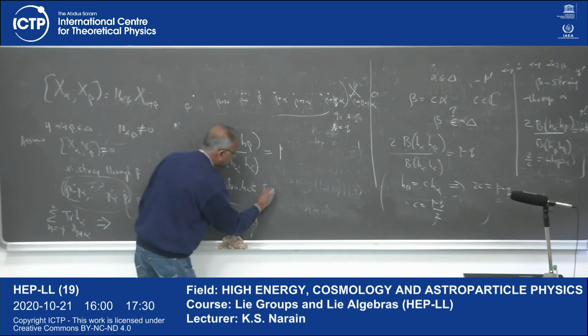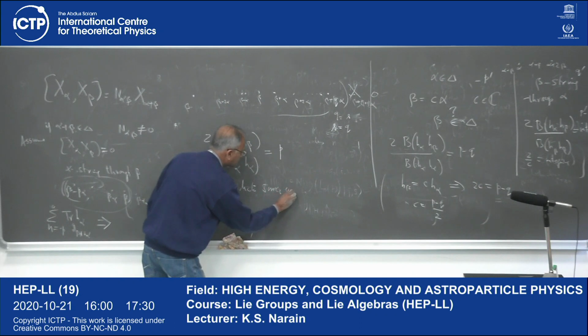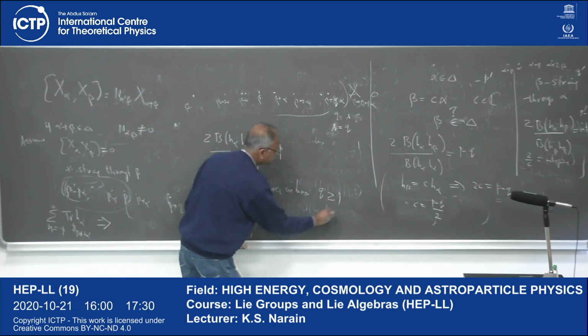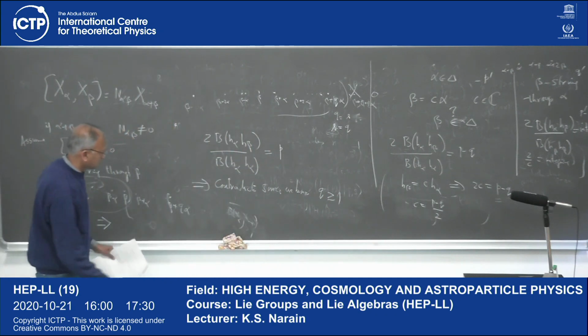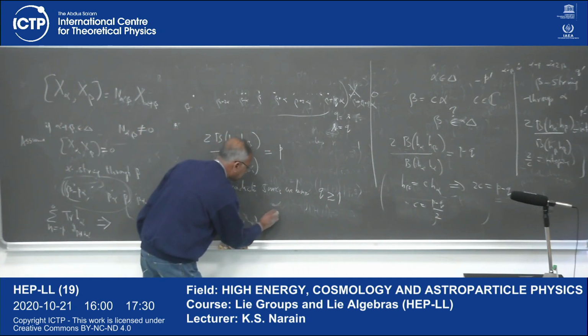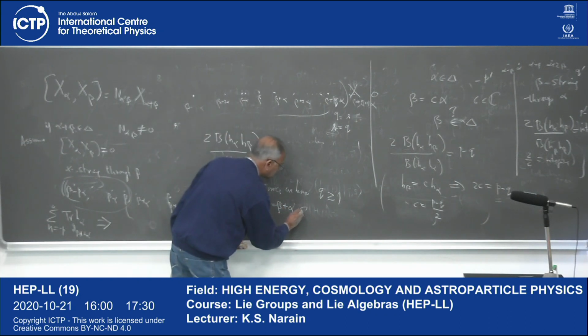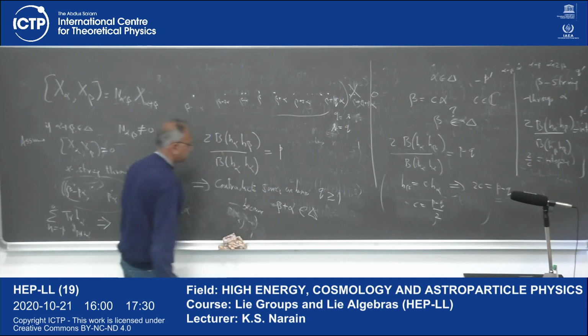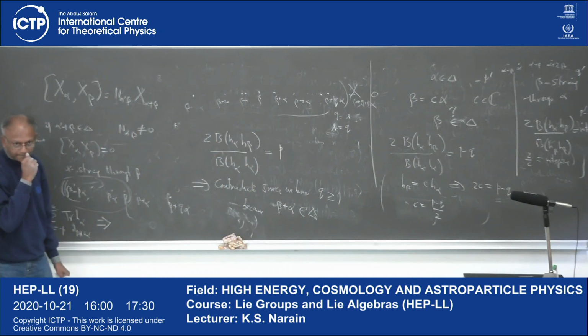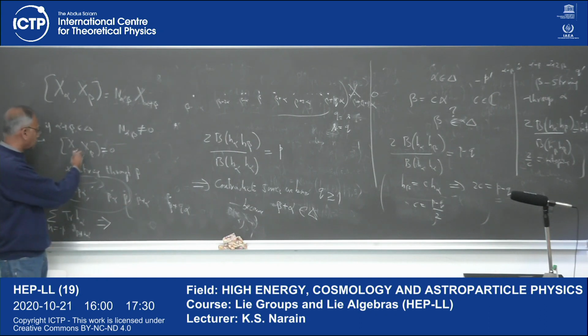So this contradicts, since we know q is greater than or equal to 1, because beta plus alpha belongs to the roots. So our starting assumption was wrong.